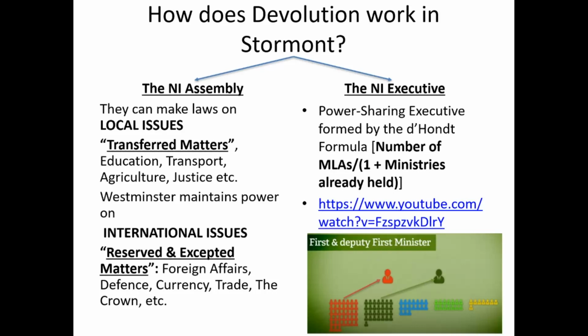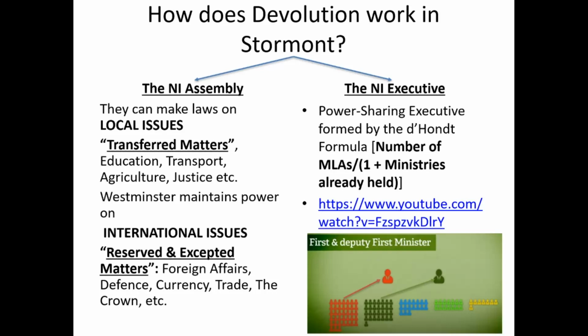There are transferred matters that are local issues, like education, transport, justice, and so on, and they are local issues that local people want to decide on for themselves. But there are also these international issues, the reserved and excepted matters, and they are things like foreign affairs, defence, currency, trade, the monarchy, and that's not up for debate in Stormont.